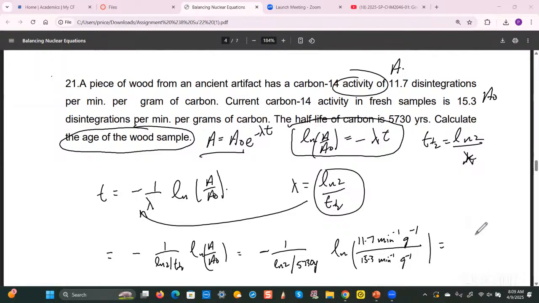So this gives minus 1 over ln2 divided by 5730 times ln, times, because I did that already, times minus, how many sig figs should I want to start?